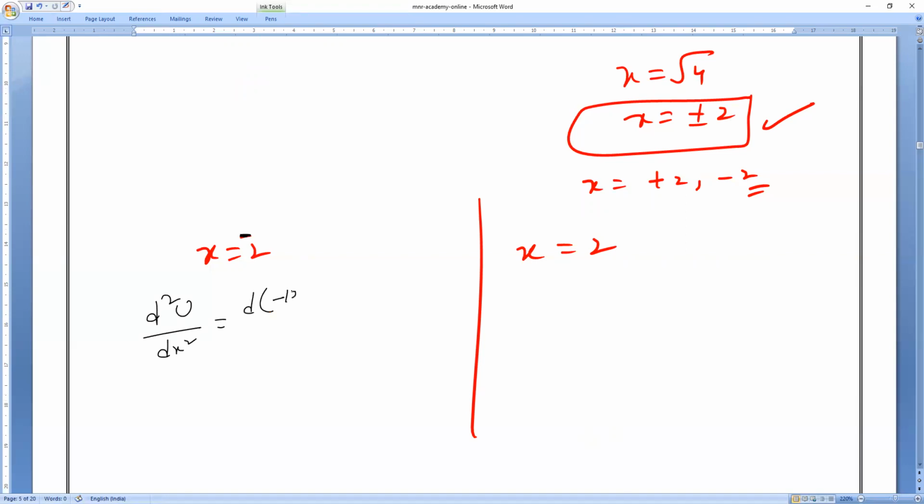Speak loudly. Differentiation of 12 is 0, and minus stays minus. So minus of 3x square means 3 into 2 into x, which is equal to minus 6x. Will you all agree with me?